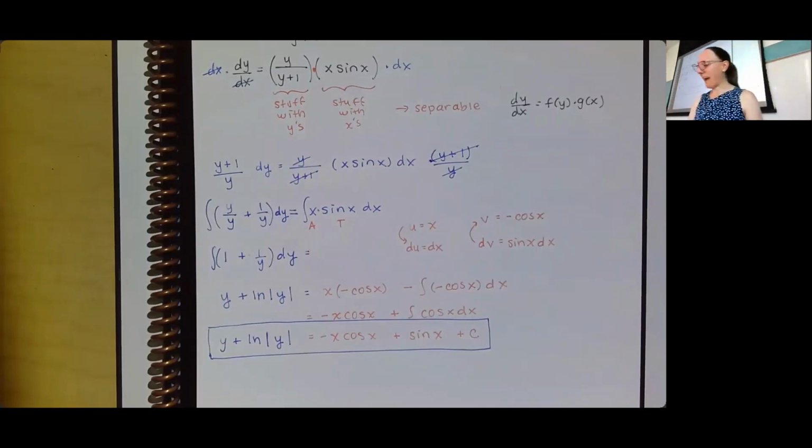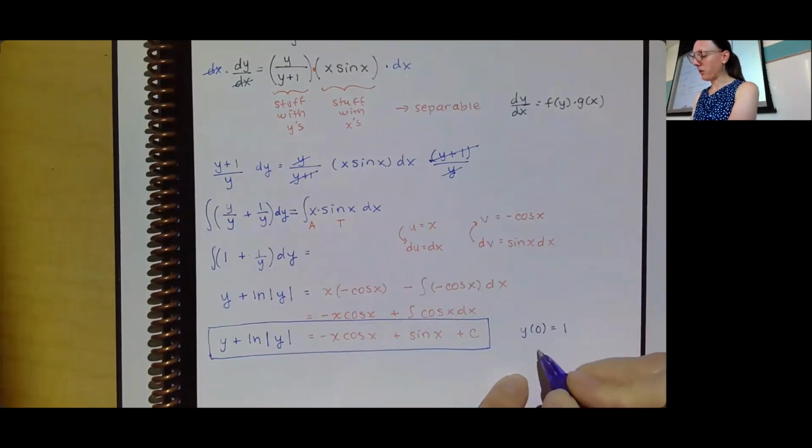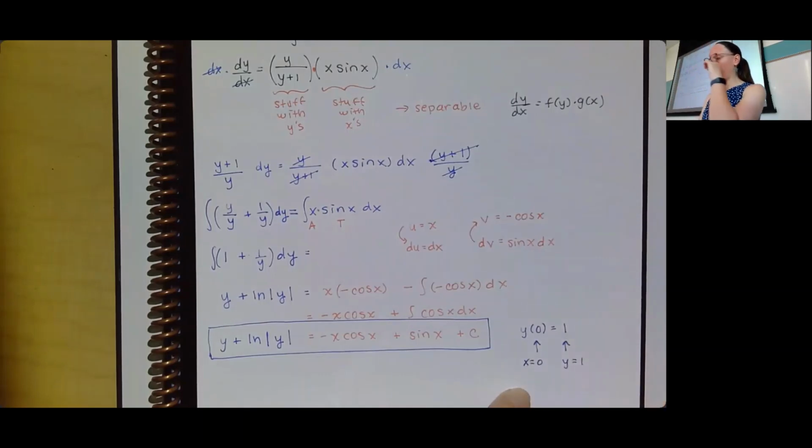Except this one had an initial condition, so we ought to be able to get to the c. And the initial condition on this one was written as y of 0 is equal to 1. And just as a reminder, that notation means x is 0, y is 1.